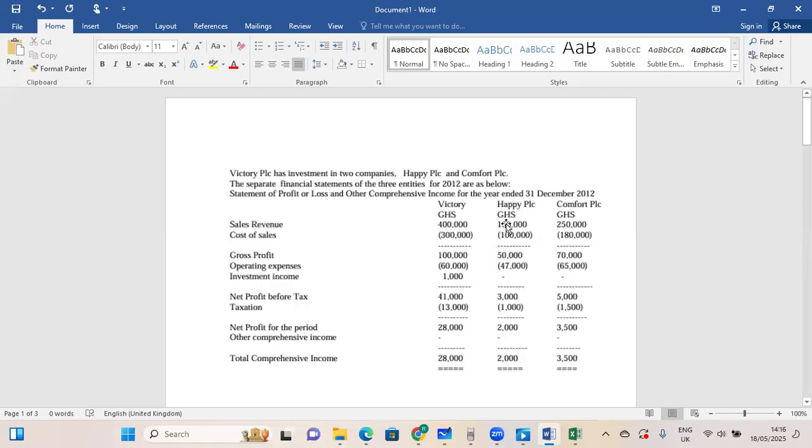You take the parent and the subsidiary and add it. Cost of sales, you take the parent and the subsidiary, then add it like that. So even if you can't do anything, if you just add them line by line, you get, let's say, half. At least if it is 30 marks, you can get like 15, right?